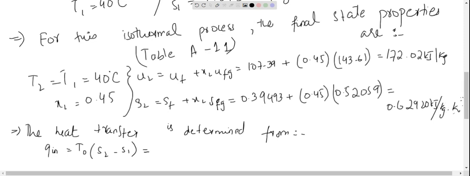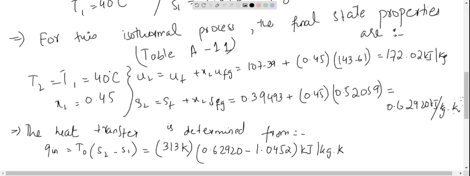Now putting their values, 313 Kelvin, that is T naught, and S2, that is 0.62920, minus S1, that is 1.0452 kilojoule per kg into Kelvin. So it equals minus 130.2 kilojoule per kg.